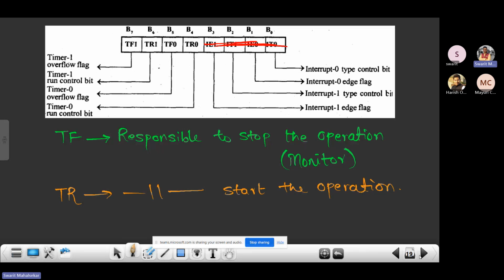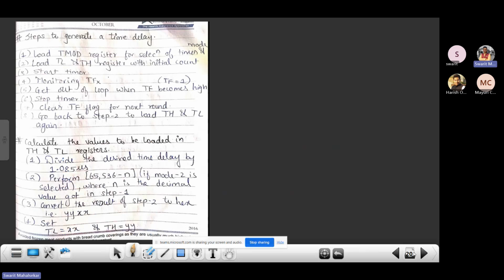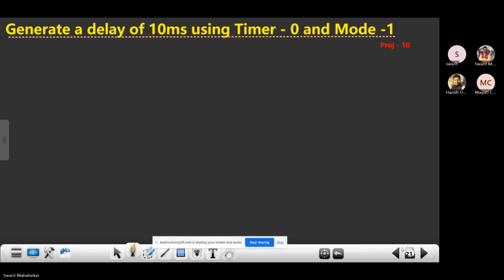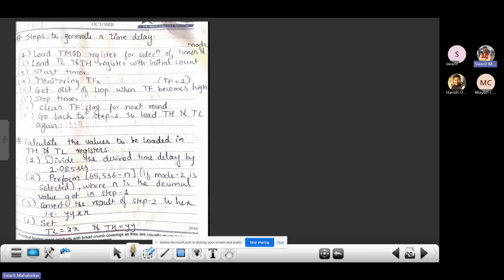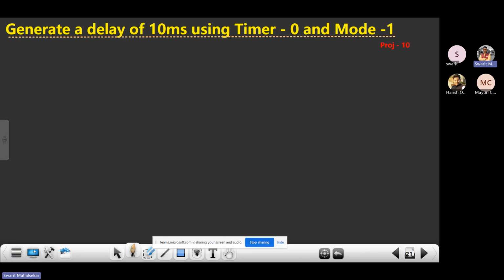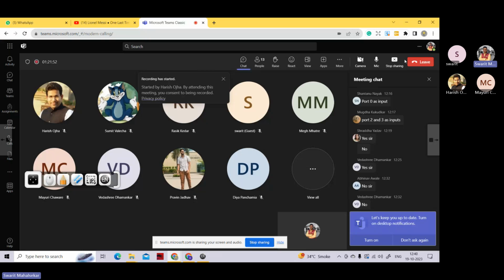Okay, now let me proceed further. These are the certain steps through which we are going to create a time delay. So I'll take one example and explain that particular example by following these steps. I hope you all might have worked with Arduino. Can someone acknowledge whether you have worked with Arduino or not?